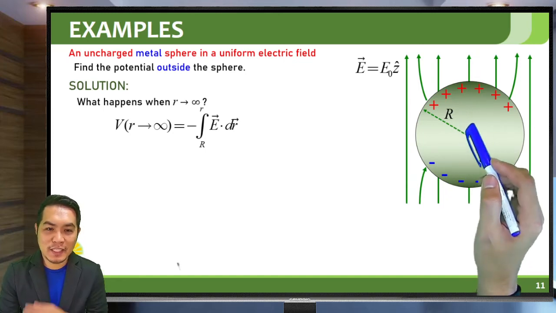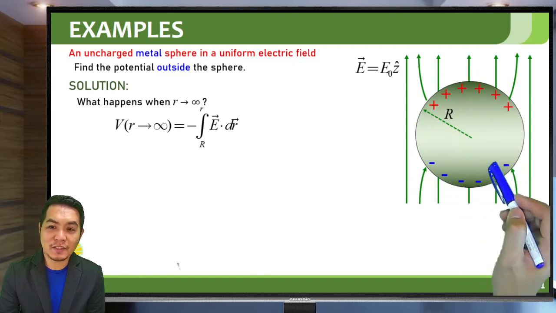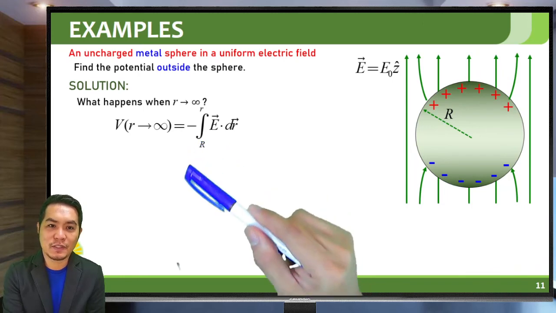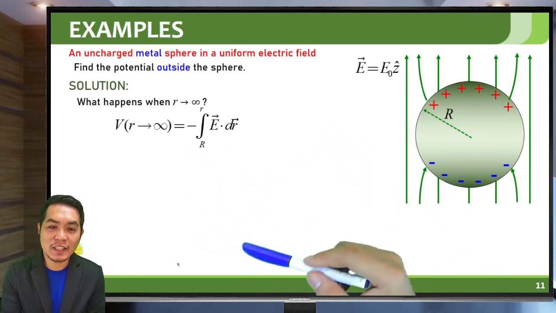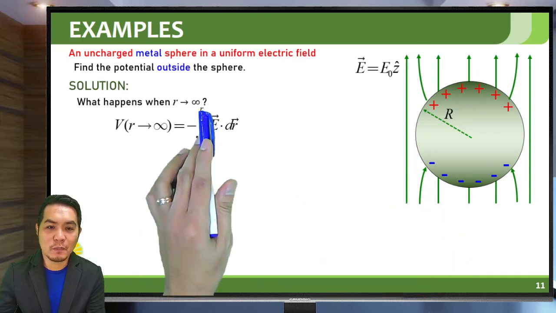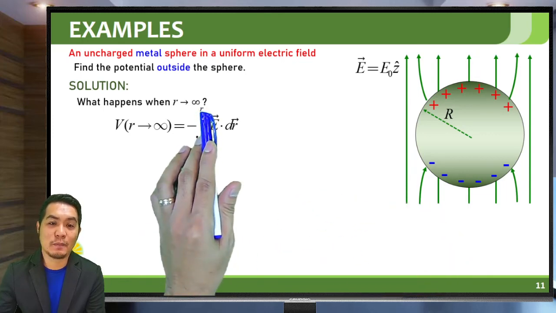So at the reference point, E dot dr is 0. The only contribution will be at r, where r approaches infinity.